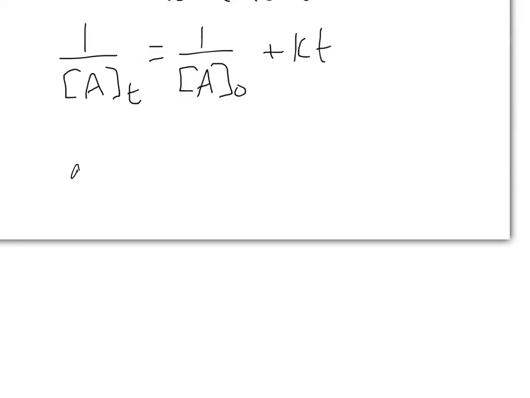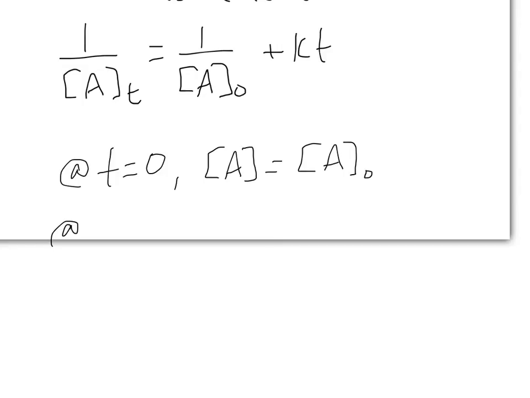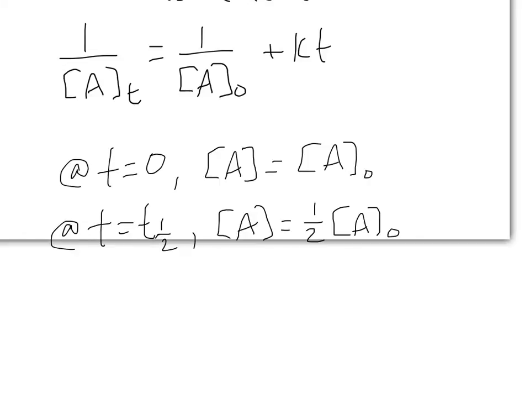So we can say, at t equals 0, the concentration of A, we'll just call that A sub 0. And at the half-life, we don't know what it is yet, but we can calculate it, the concentration of A is 1/2 of the original value. And so we can substitute these into the expression above.